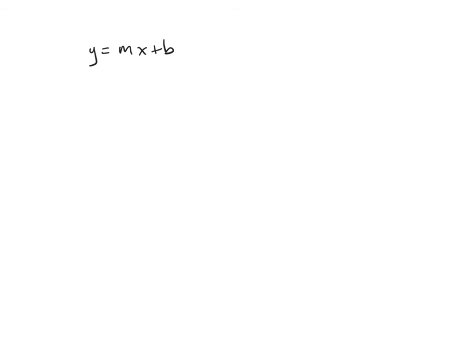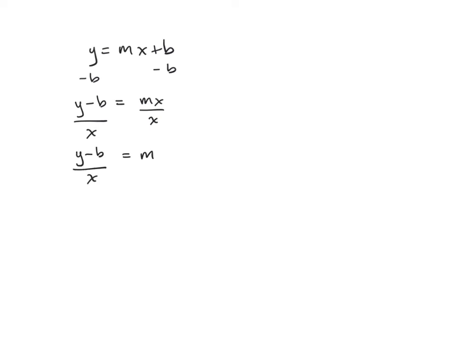And so we'll do that by starting off, we'll just subtract b from both sides. So now I have y minus b. Can't combine those because they're not like terms, so we just leave it. So I have y minus b equals mx. And then I'm just going to divide both sides by x. Now I have m equals y minus b over x.